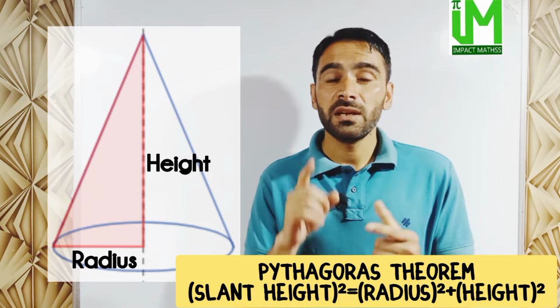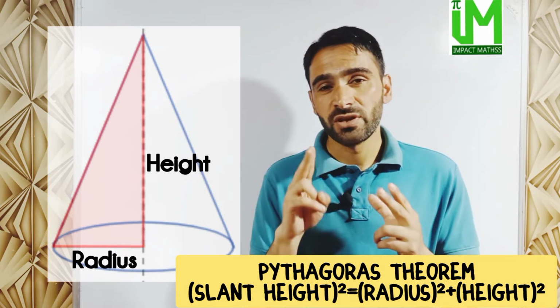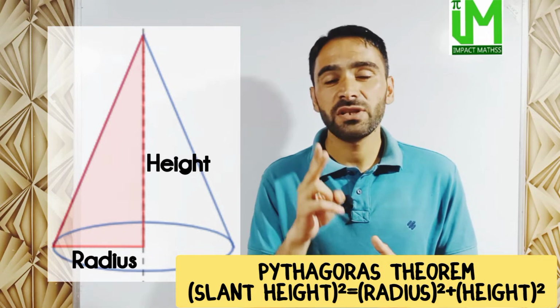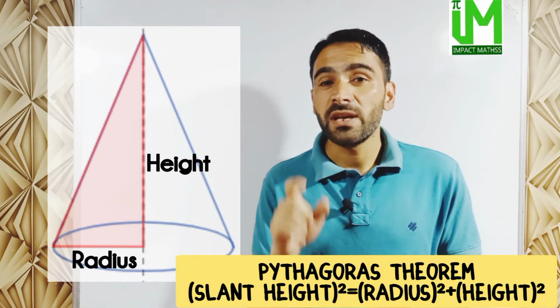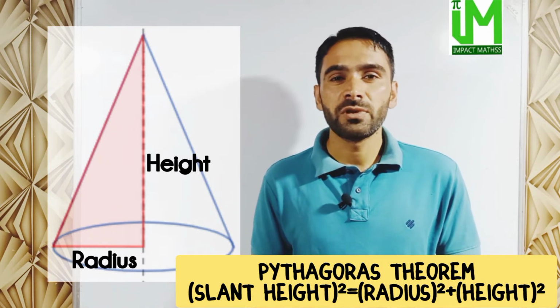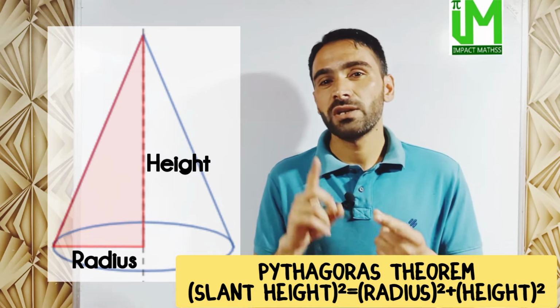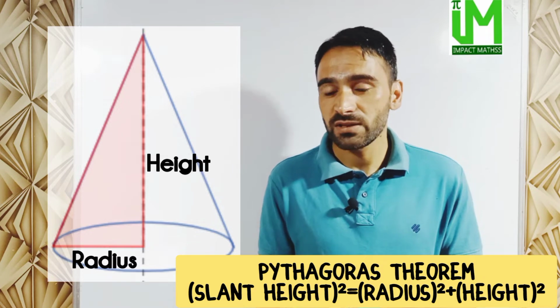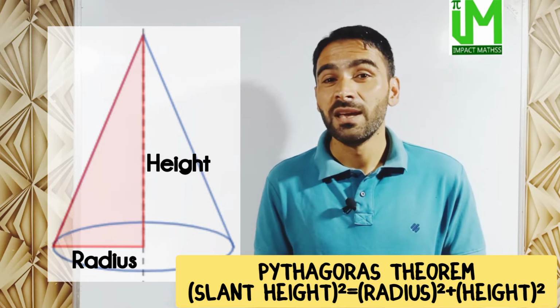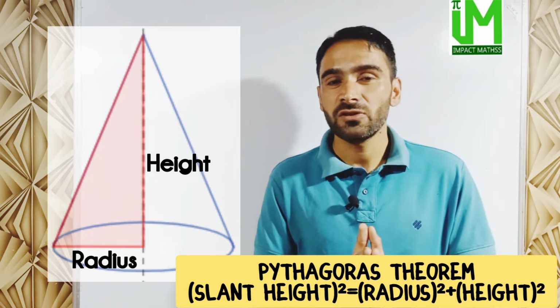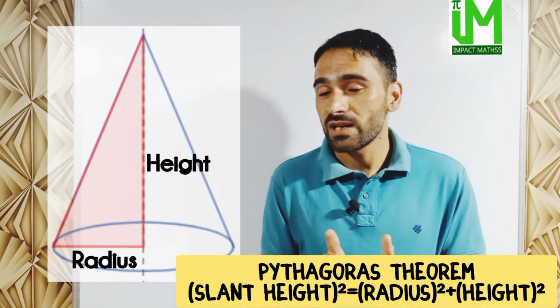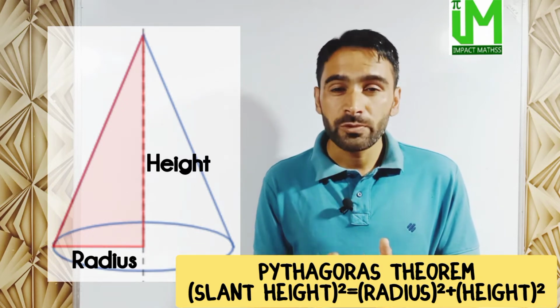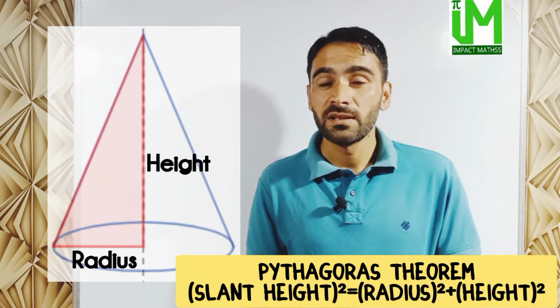That means if the perpendicular changes, the height of the cone changes, and if the base changes, the radius of the cone changes. That means the slant height will automatically change because slant height is the component representing the hypotenuse.